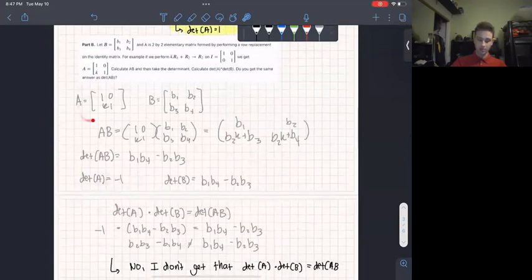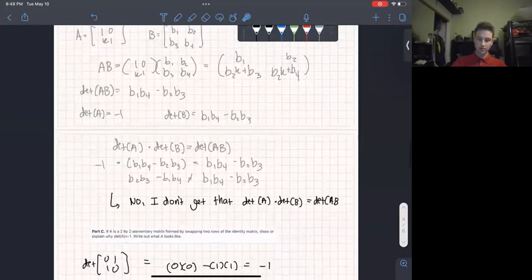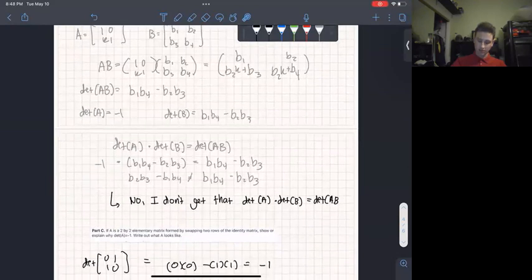And det A is equal to 1, and det B is equal to that. Showing det A times det B equals det AB, it reduces to show that we do not get det A times det B equals det AB, mainly because of this scalar, this -1.